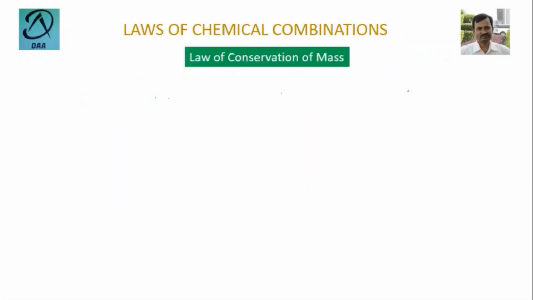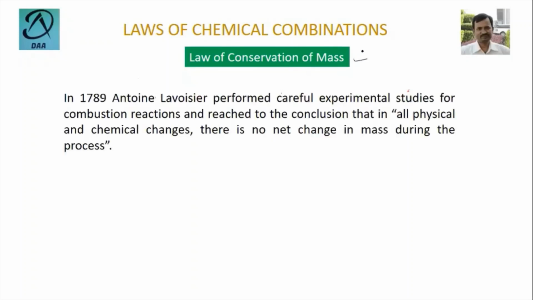So first, law of conservation of mass. In the year 1789, Lavoisier performed experiments on combustion reactions and reached the conclusion that in all physical and chemical changes, there is no net change in mass during the process.